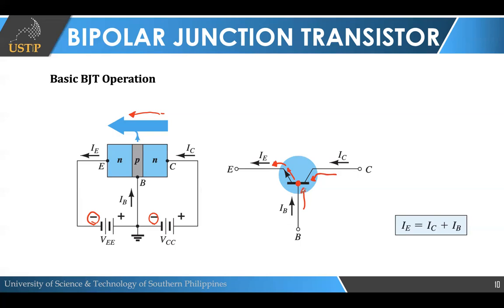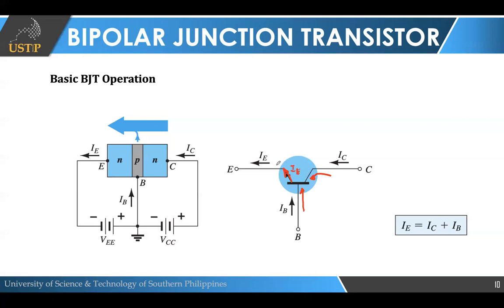So, in this schematic, class, we can see that the relationship is still the same. Your IE is still the sum of your collector and your base current. Alright? Because as it enters at B and at C, after the total, it goes out as your IE current.